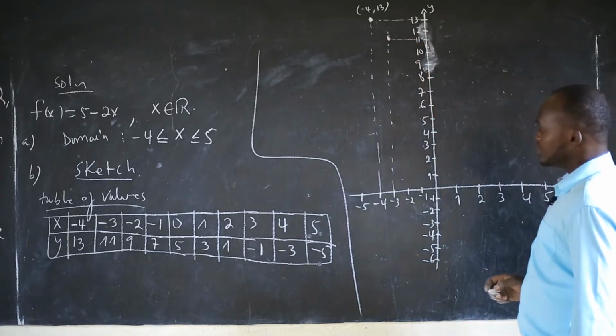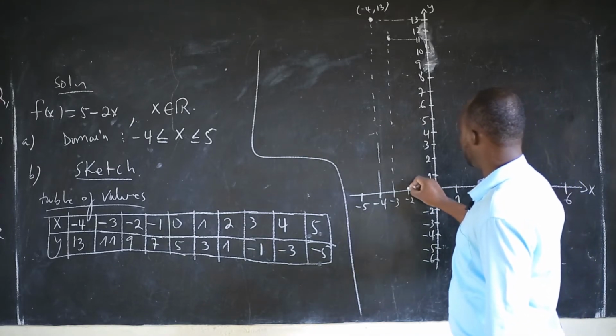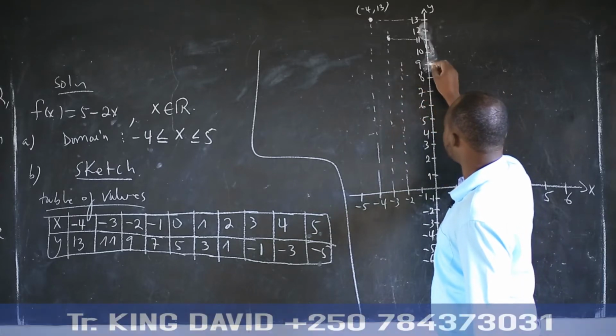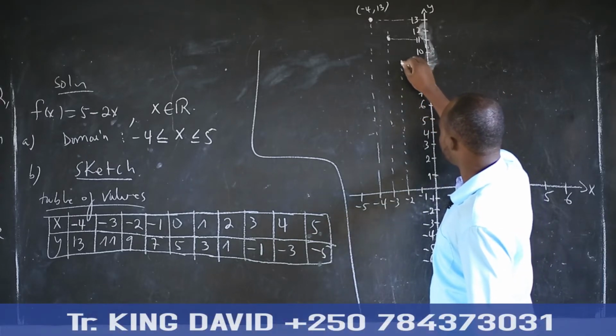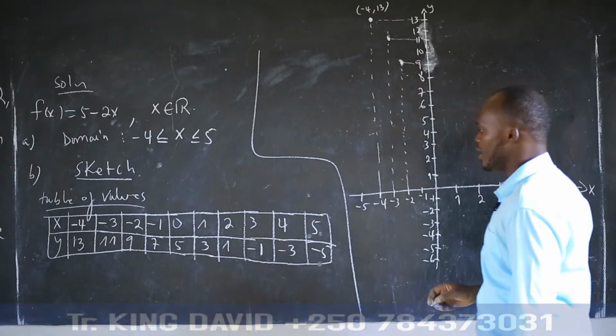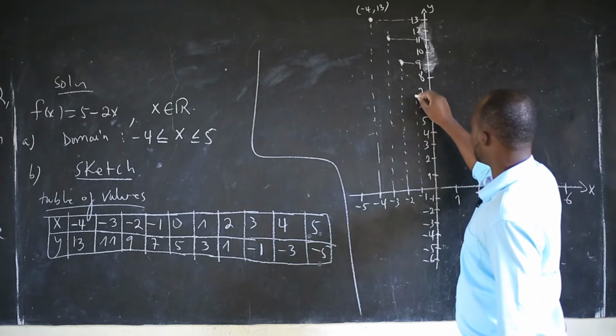Then negative 2, 9. It is here. Then negative 1, 7. It is there.